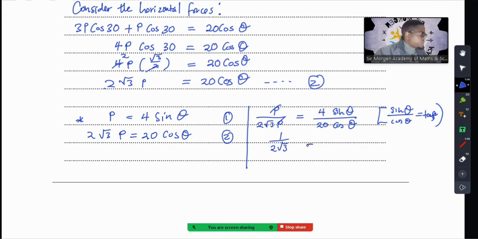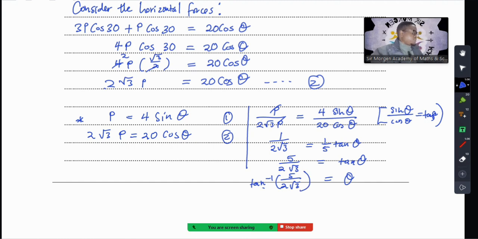We have 1 over 2 root 3 equals 1 over 5 tan theta on the other side. So that means tan theta is equal to 5 over 2 root 3. Then theta is equal to arctan of 5 over 2 root 3 there.